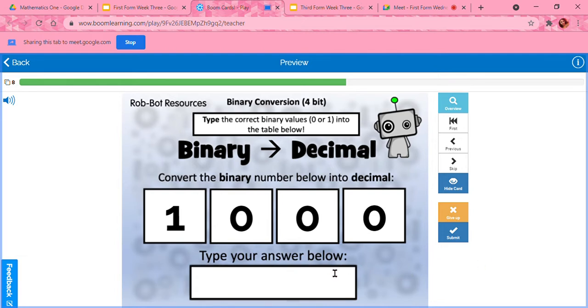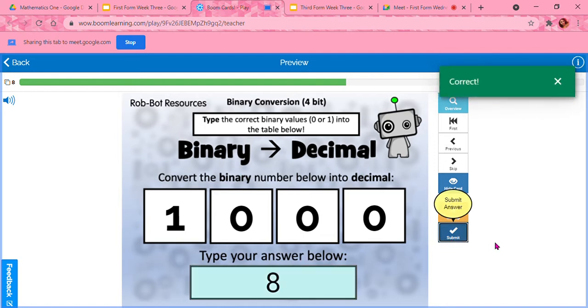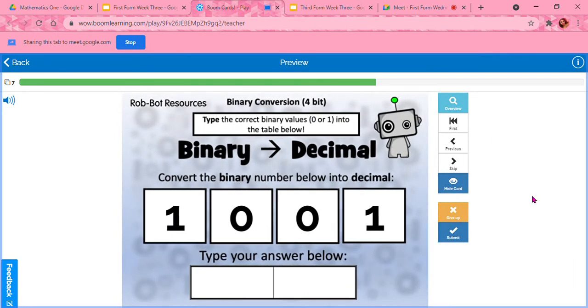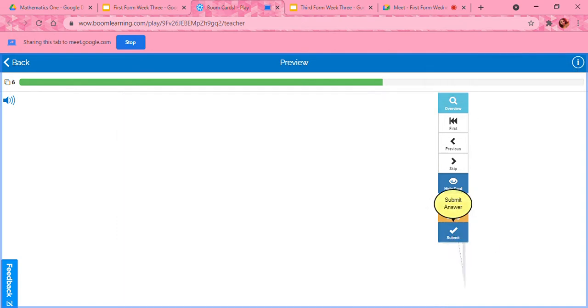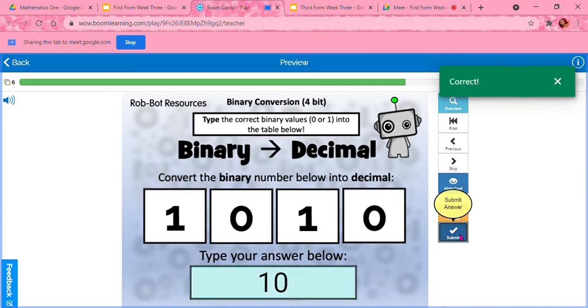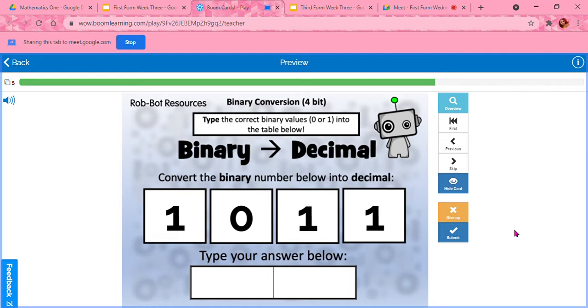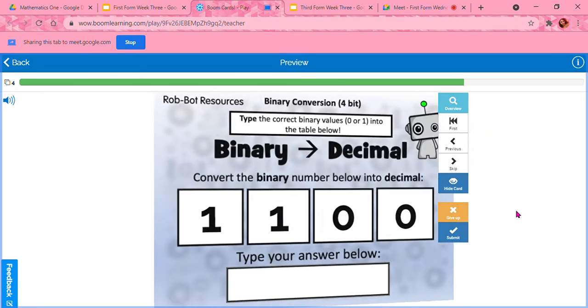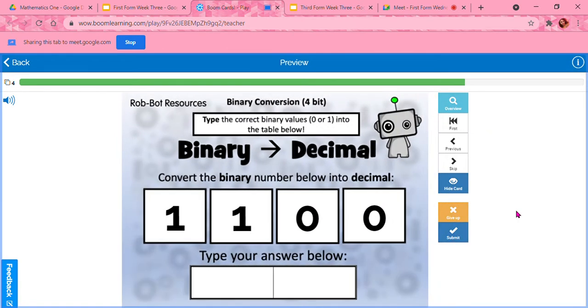Very good. 9. Good work, everybody. 10. Very good. 11. Very good. 12.